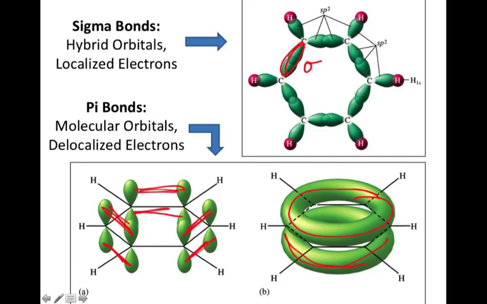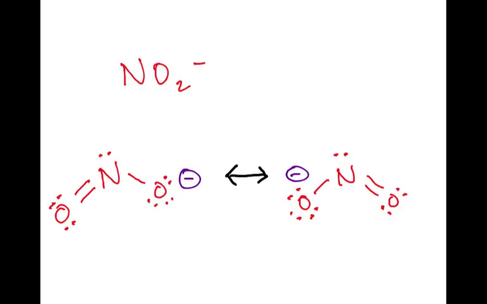And you really see effects of this delocalization in a number of different places in chemistry. We also see this in, for example, a molecule like nitrite here, where if you draw the Lewis structure, you have a double bond that you need to show resonance for.